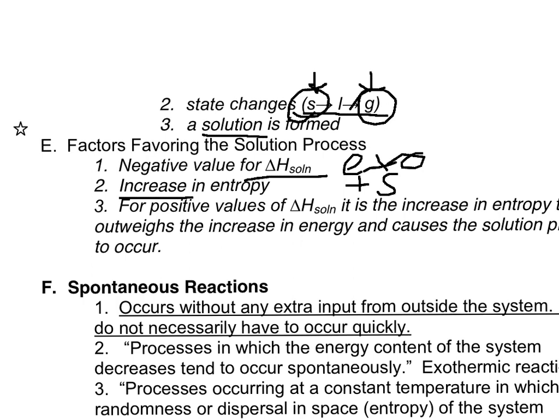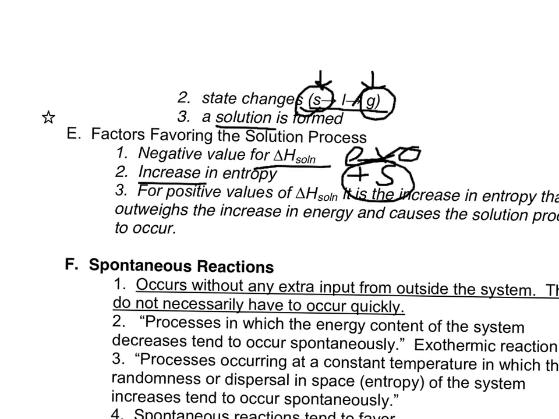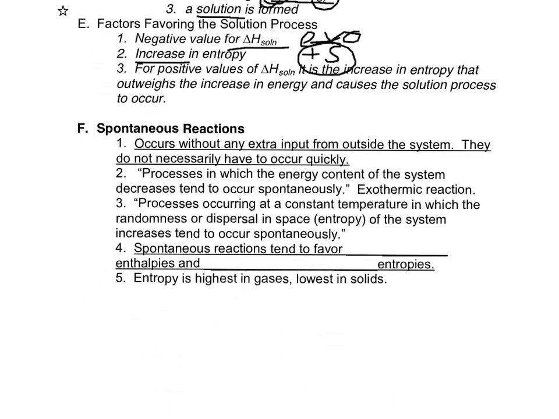For positive values of delta H, the increase in entropy is actually causing this to dissolve, even though the whole thing is endothermic. And so if you have an endothermic reaction, it can still happen if you're having a huge increase in entropy.